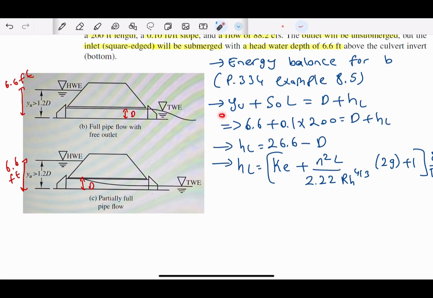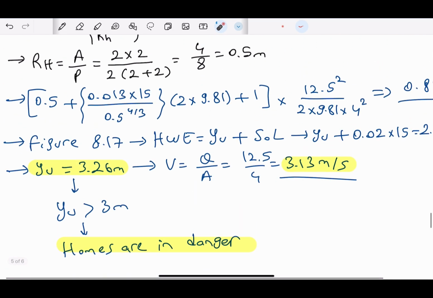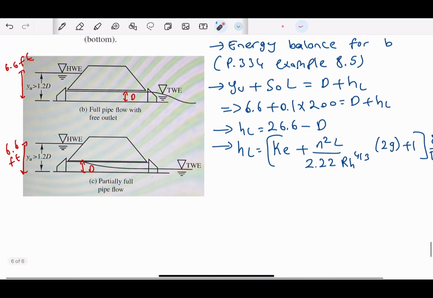And also, as we used in the previous question, the headwater will be equal to upstream depth plus slope times length, and it will be equal to hydraulic diameter plus the head loss.